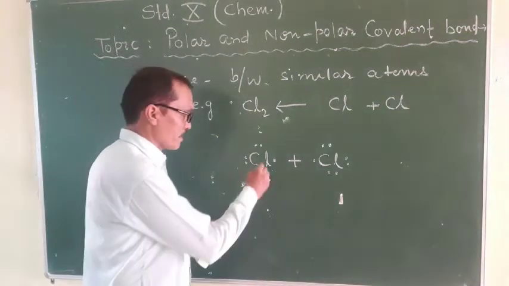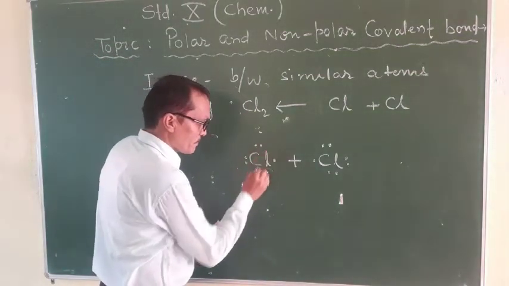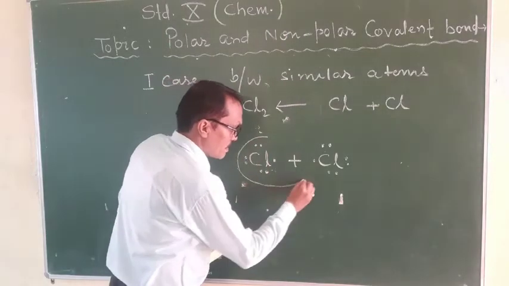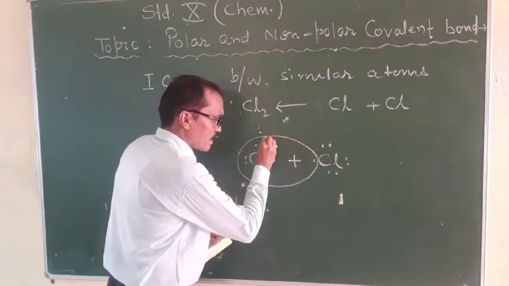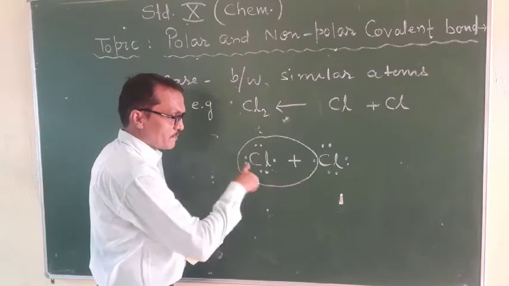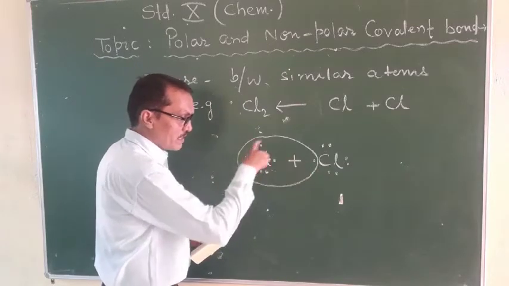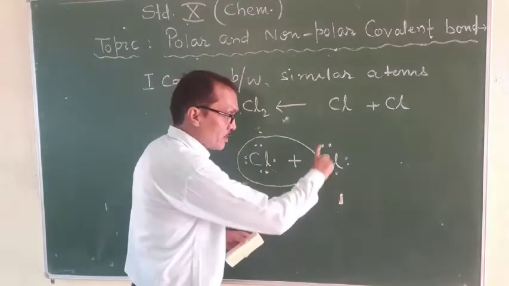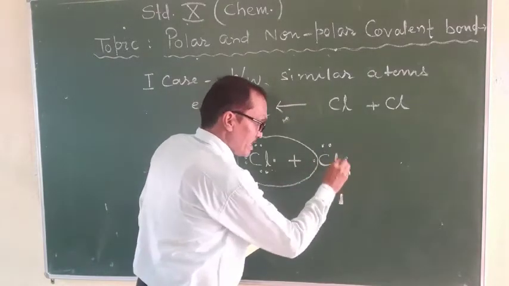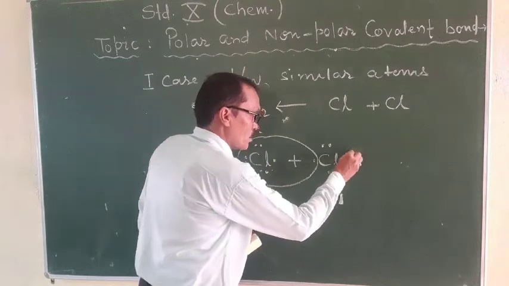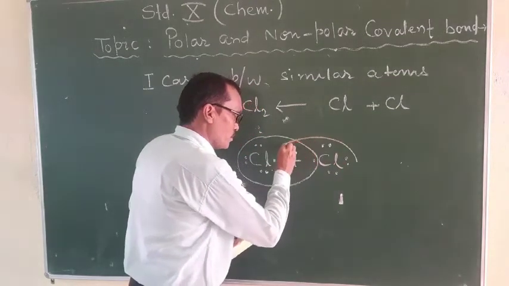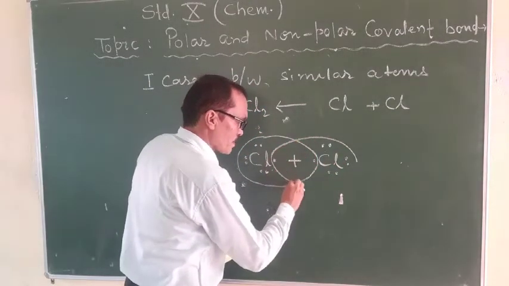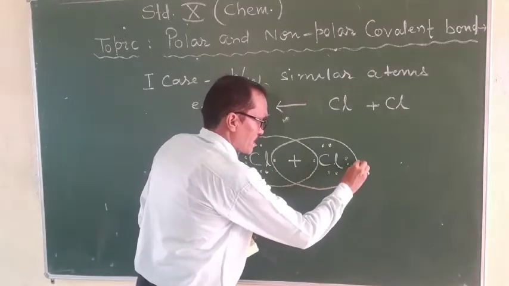First, this chlorine atom shares this electron, and now you can see this chlorine has in all 8 electrons. Now it is the turn of the second chlorine. It has 7 of its own electrons, requires one, so it also shares one electron with the adjacent chlorine.